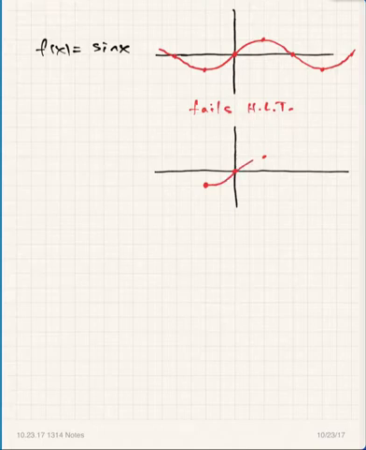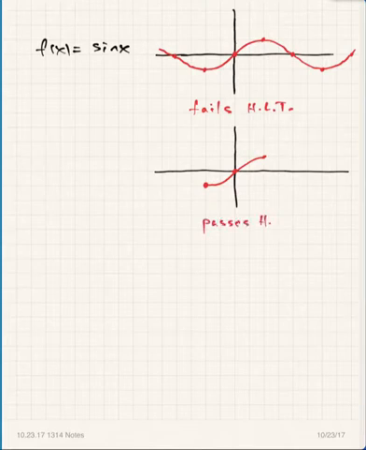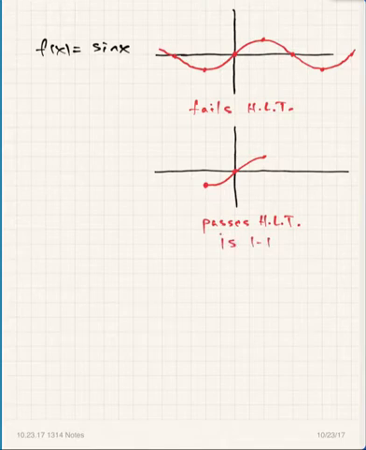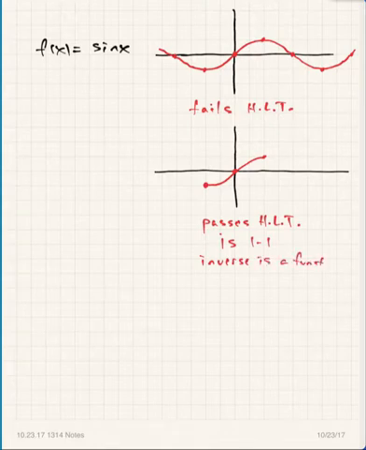And that piece passes the horizontal line test. Passes the horizontal line test. And so this graph is one-to-one, and its inverse is a function. The first graph failed the horizontal line test. It was not one-to-one. Inverse is not a function.